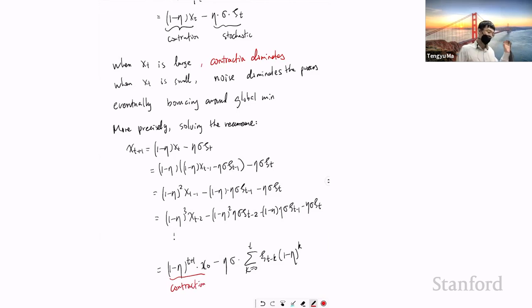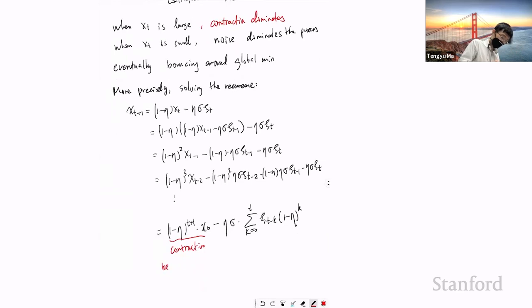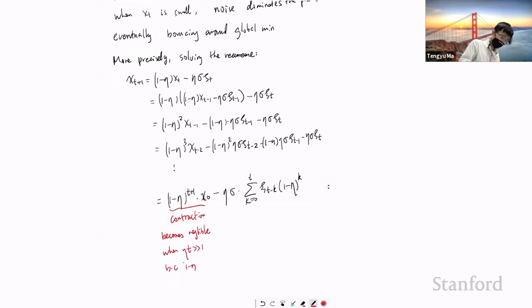In some sense, this term comes from contracting the initial value by a lot of factors of 1 - η, so that it becomes negligible when η times t is much bigger than 1, because (1 - η)^t is something like e^(-ηt), and when ηt is much bigger than 1, this term becomes super small.